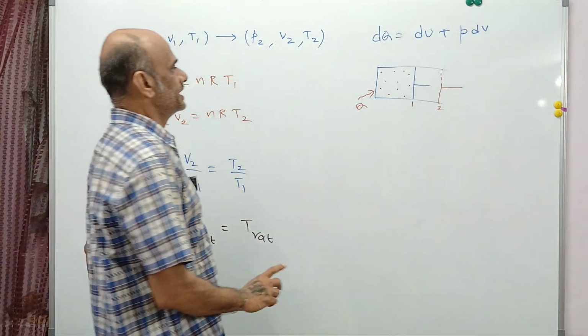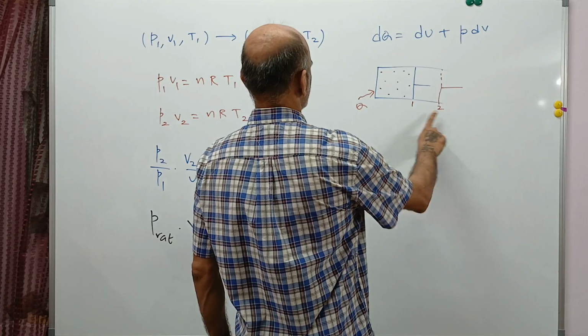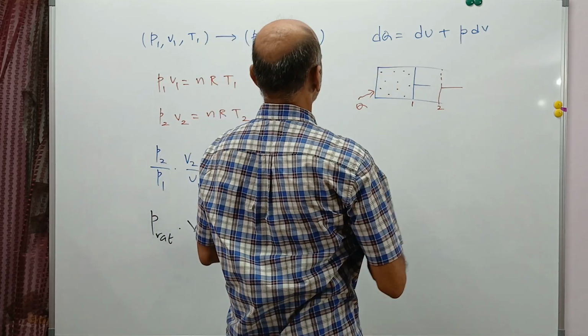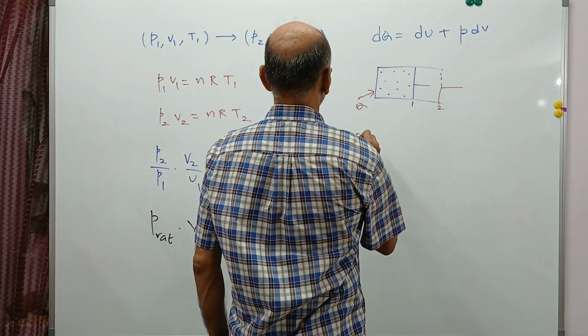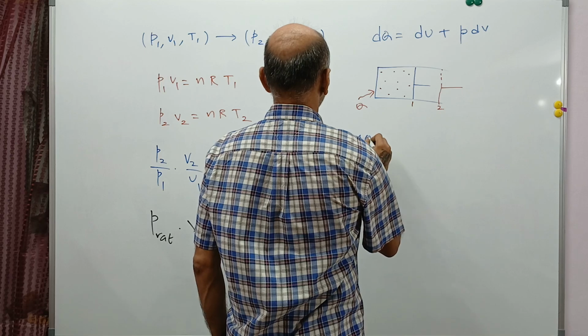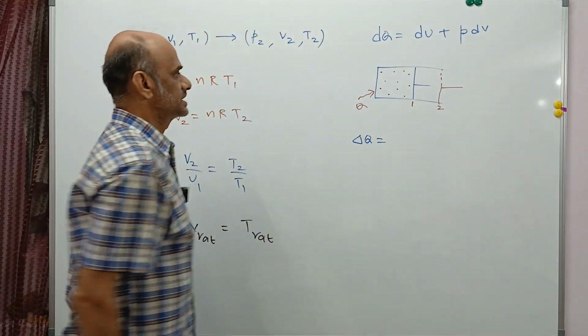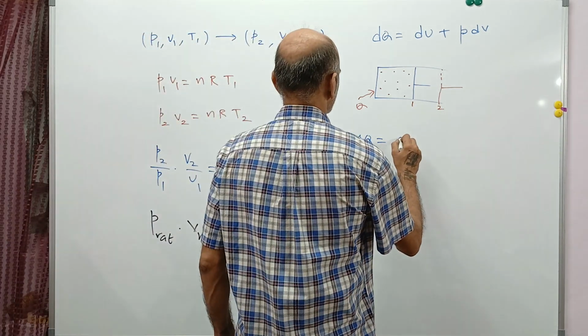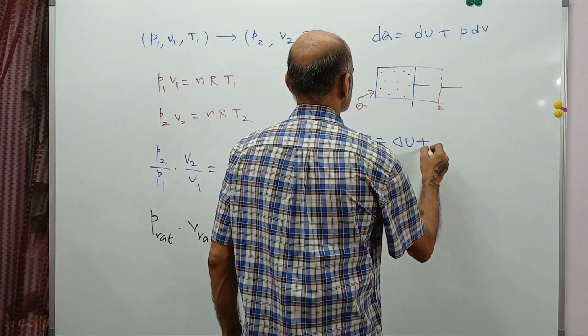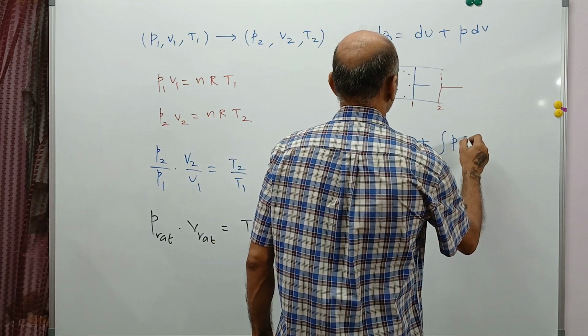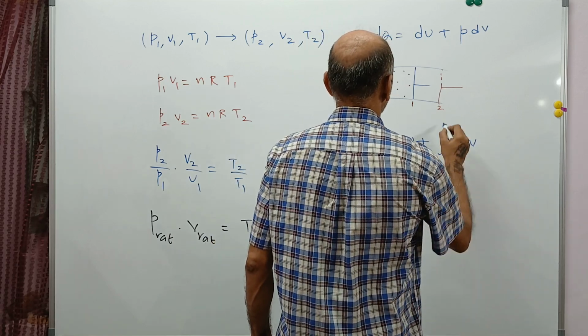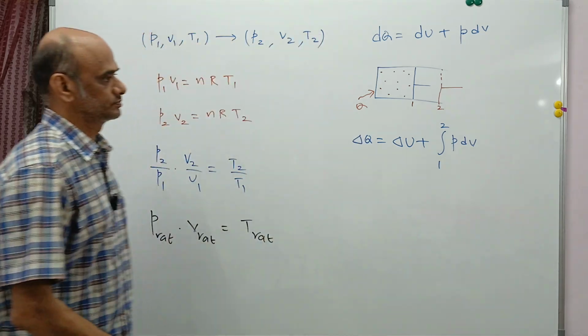So the total amount of heat added when the gas goes from state 1 to state 2, I can get from integrating this from 1 to 2. So that will give me the total heat added, delta Q, when it goes from state 1 to state 2, is delta U plus integral PdV from state 1 to state 2.